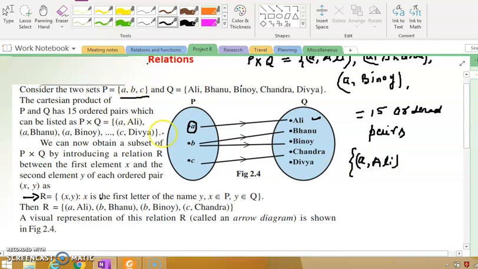Now just look at B, and here Bhanu and Binoy, because Chandra is starting with C, so you cannot take Chandra along with B. So B comma Bhanu and B comma Binoy.